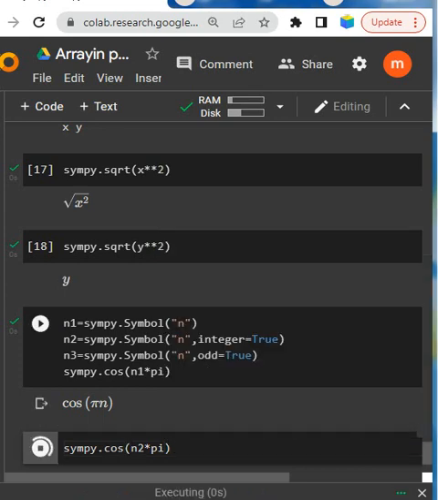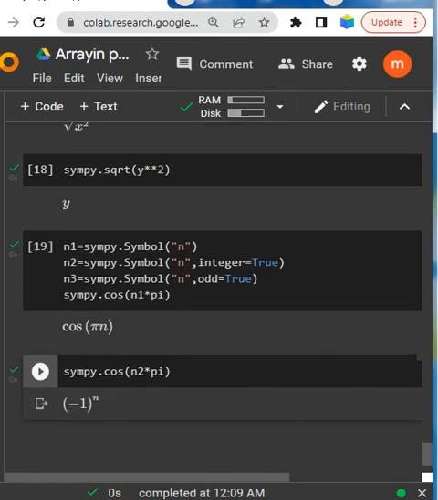Because n2 is n with integer true, n2 times pi means it has been created as -1 to the power n.